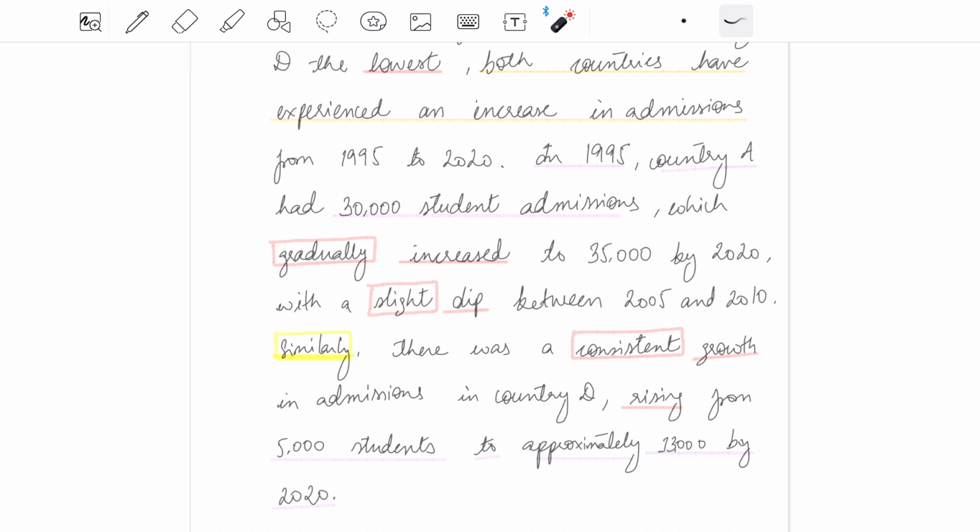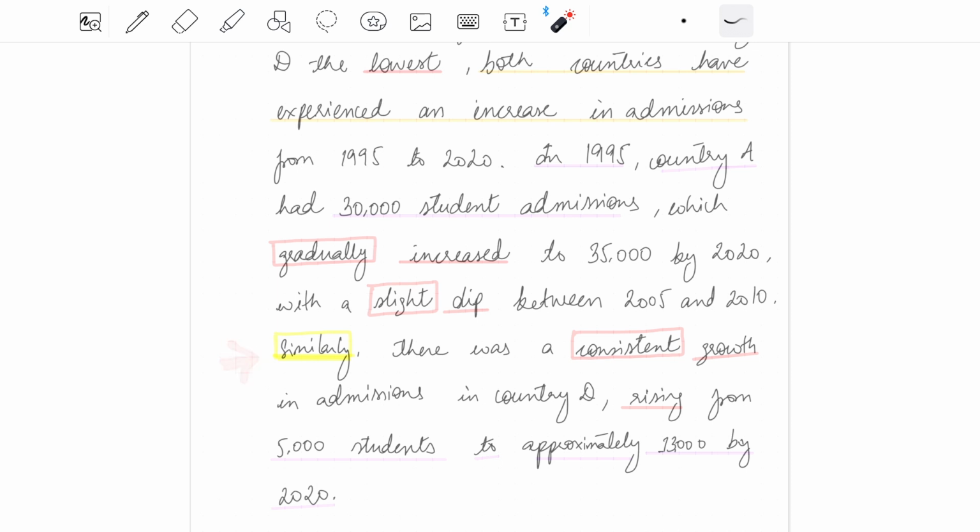So to repeat, I have said, in 1995, country A had 30,000 student admissions, which gradually increased to 35,000 by 2020. This is my end point. And then I say, in between, there was a slight dip between the years 2005 and 2010.